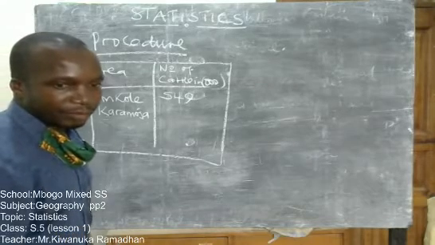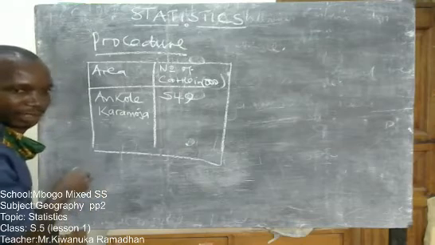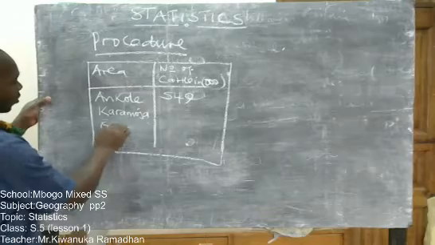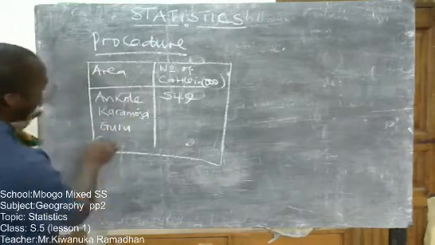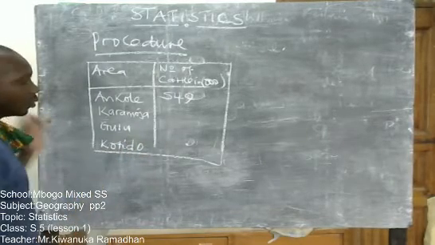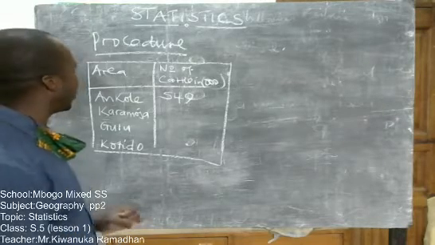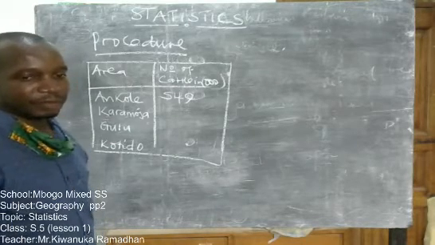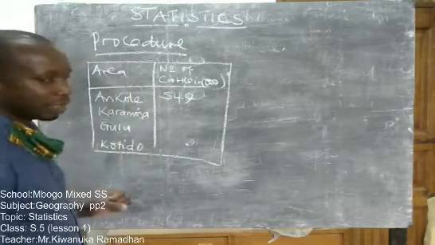It has 487. Then what comes third is Gulu. Then the other is Kotido. We want to construct a simple divided rectangle. Step 1, I say look at the table very well, then arrange those values in order from the biggest to the smallest.